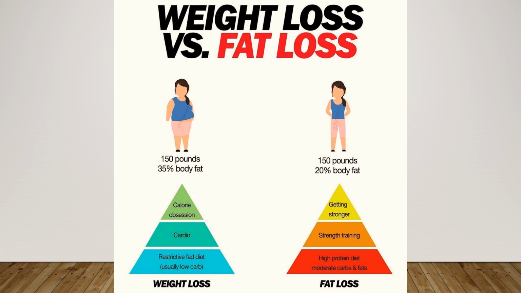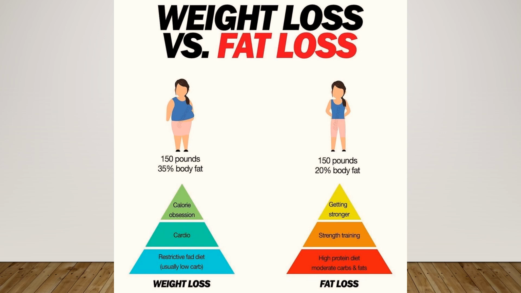Because if you have a lower percentage of body fat, you're going to look leaner. Even though your weight is going to be less, you will not look that healthy. If you want to go for a very healthy looking body, then you need to focus on fat loss. Now let's understand a little more about it. In weight loss, a lady with 150 pounds and 35% body fat has calorie obsession.